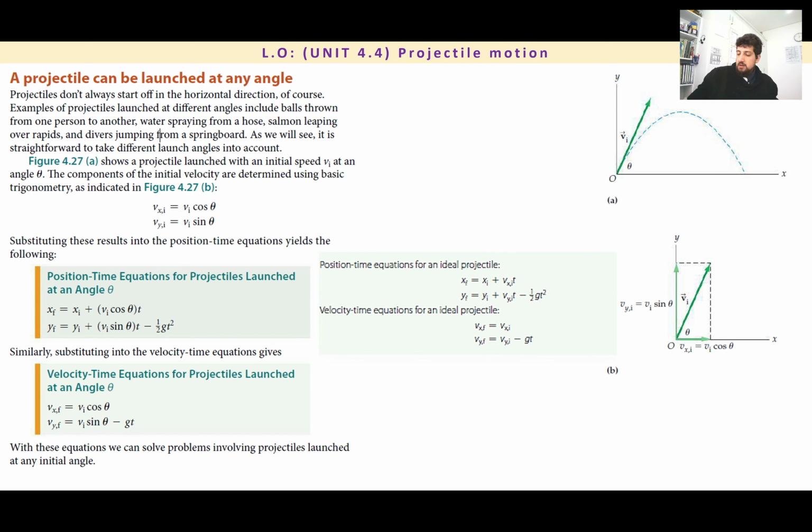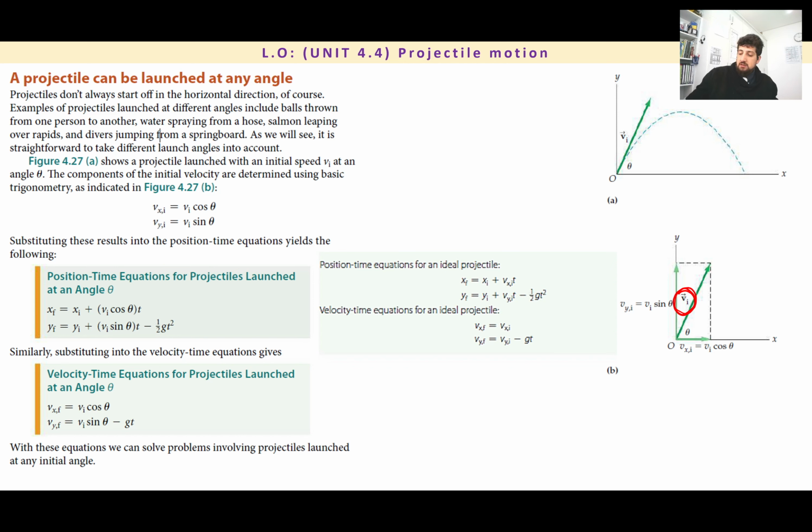So if I'm using SOHCAHTOA, the rule of triangles and angles, if I want to work out the speed in the horizontal direction, I have to take the initial speed, which is the hypotenuse, multiplied by, if it's adjacent, cos theta.